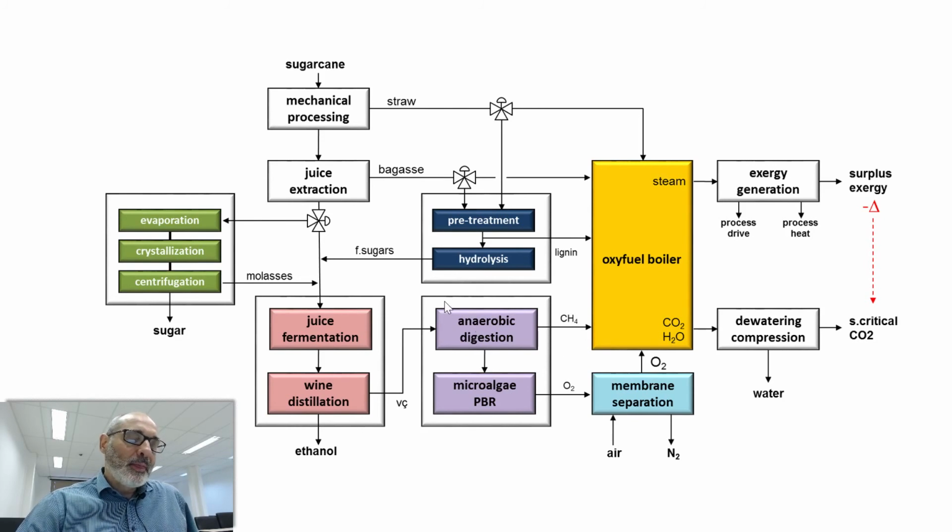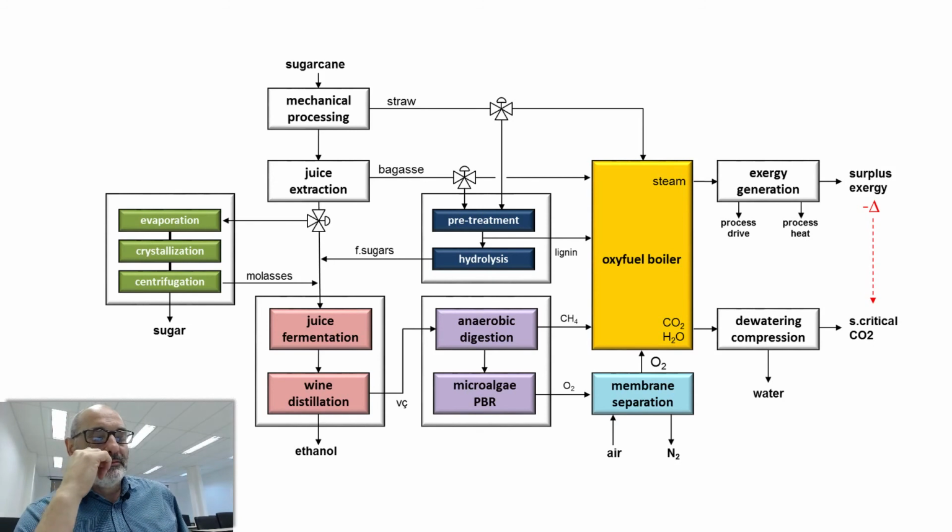And this is usually done, for example, here in Brazil, with the production of ethanol. Vinasse fermentation is quite usual. It's not very common. Not all sugar mills have it, but some do. This is just an idea.